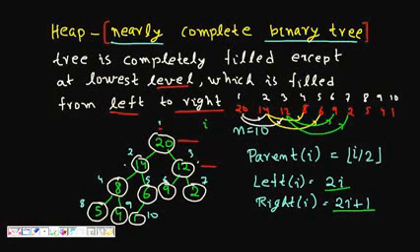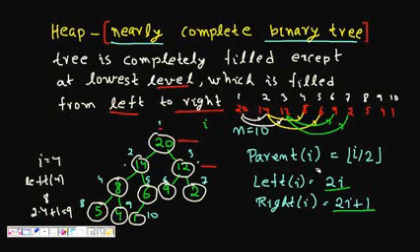If you take any node here, let's say node 8, its index i is equal to 4. So its left child is 2 times 4, which is 8, and the right child is twice 4 plus 1, which is 9. So the left child of a node i is 2i, and the right is 2i plus 1.